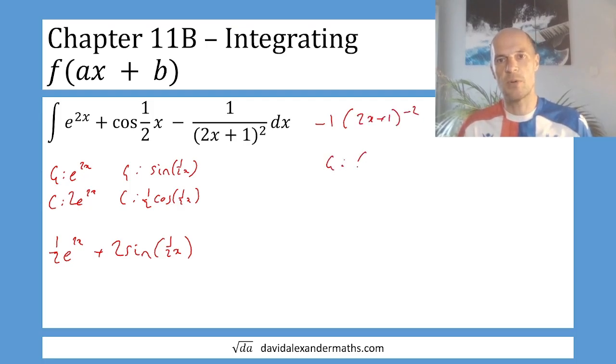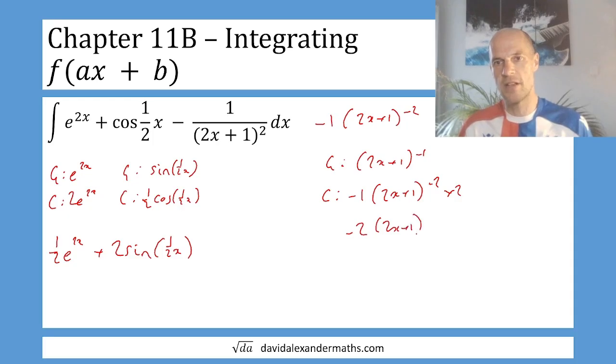Right, let's do a guess, which is this with the power increased by 1. Let's do my checks. That's going to be minus 1, looking good so far. 2x plus 1 to the negative 2, but I need to multiply it by 2, so that's minus 2 lots of 2x plus 1 to the minus 2. So my guess is twice as big as it should be, so I need to half it.